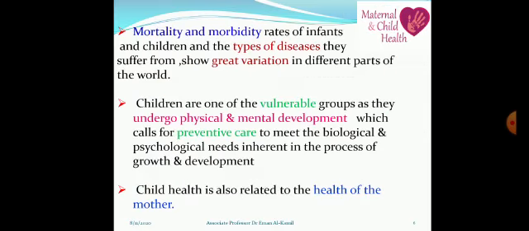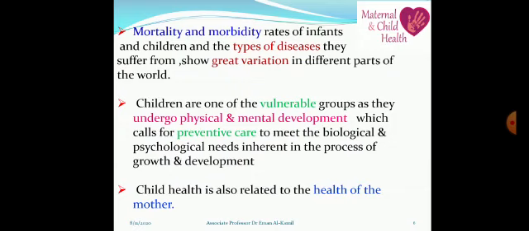Mortality and morbidity rates of infants and children and the types of diseases during this period vary according to different parts of the countries. In developing countries, the causes of death and disease differ from those in developed countries.